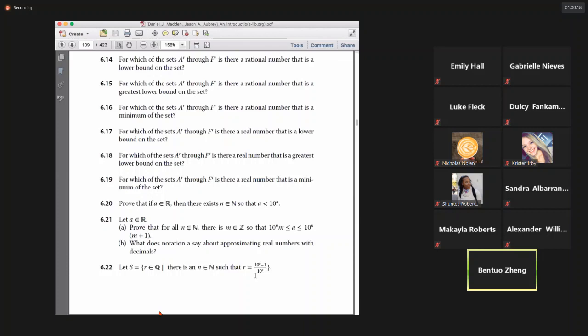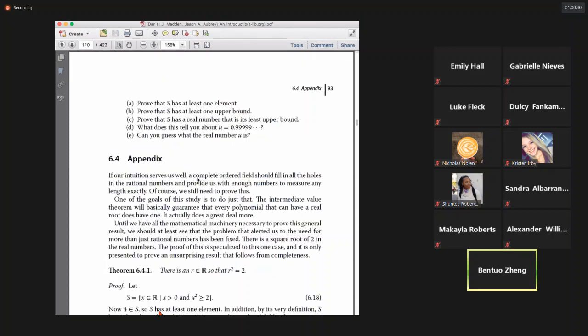So in general, this set S consists of numbers like 0.9, 0.99, 0.999. You keep going, okay? So you can have arbitrarily long strings of nines for the decimal numbers.